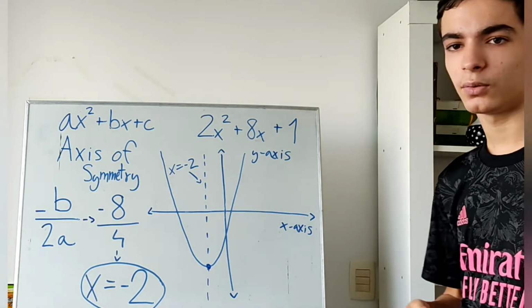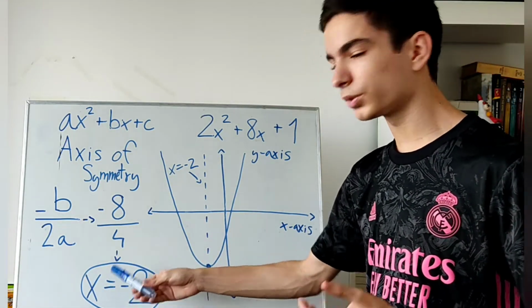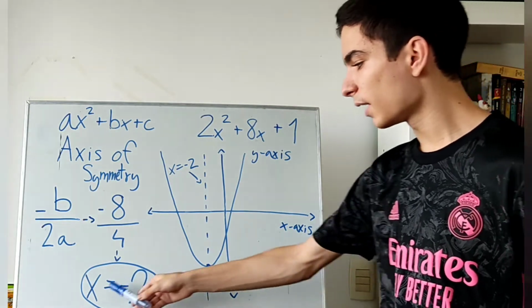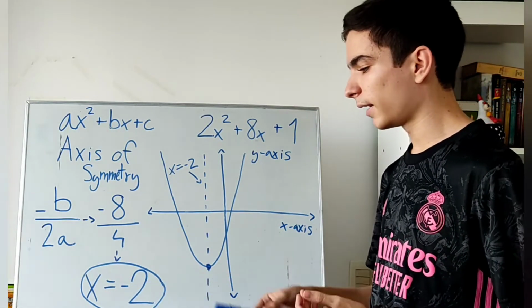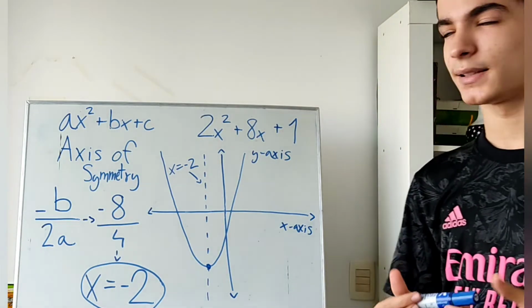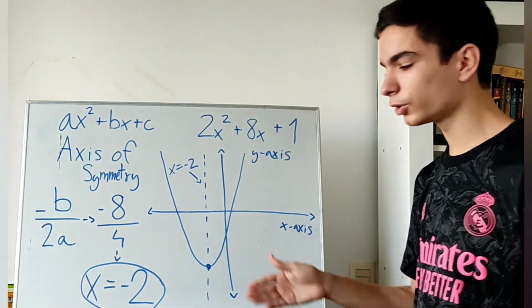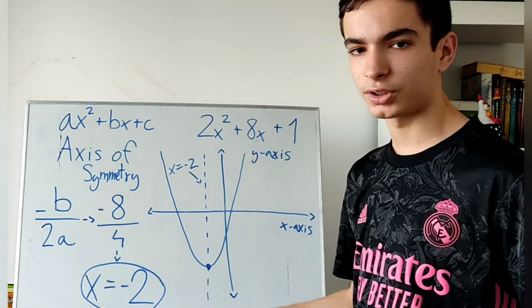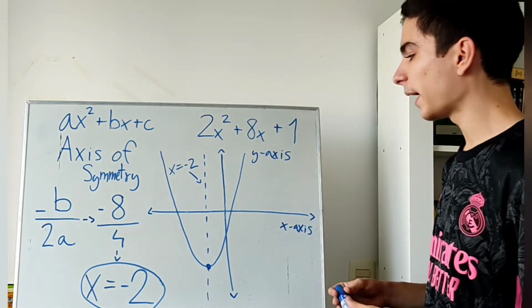And since it is a line, we have to express it as a function itself. So x equals some value. In this case, x equals negative 2. And since the axis of symmetry is a vertical line, it is always going to be expressed as x equals some value.